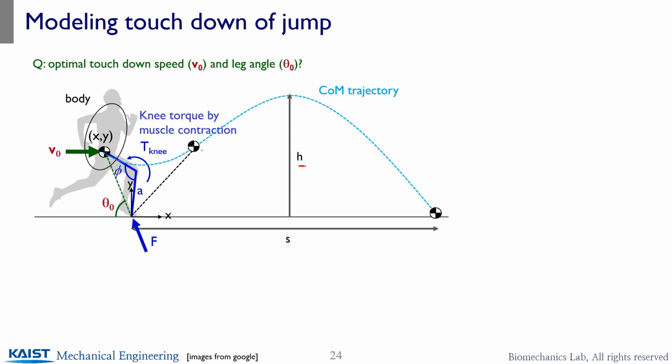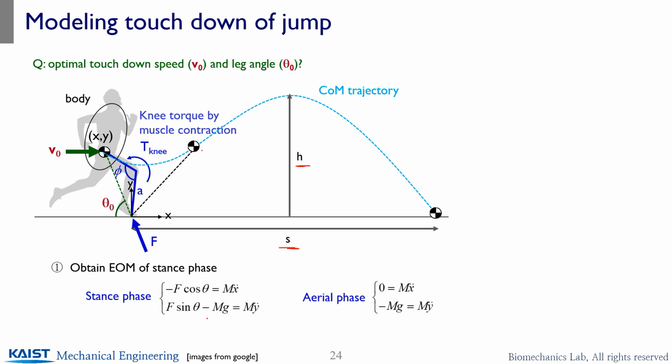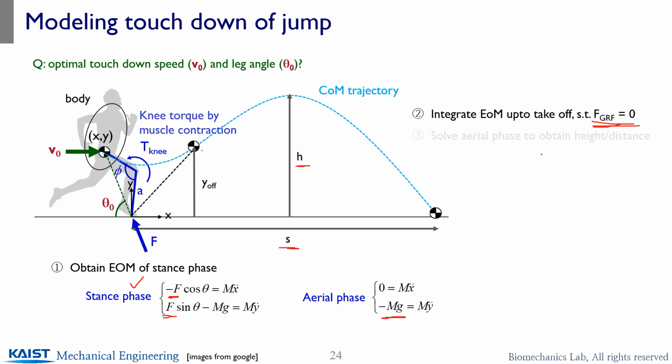By solving them, we can formulate the maximum height and the maximum distance. So the equations of motion are simple: in the stance phase, the only external forces are the ground reaction force and gravity; in the aerial phase, only gravity. And you can solve it up to the takeoff, where the ground reaction force turns out to be 0.